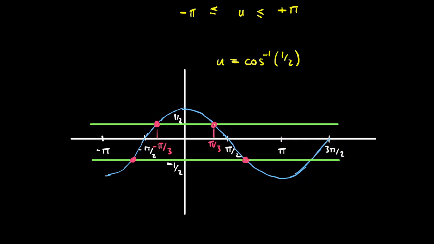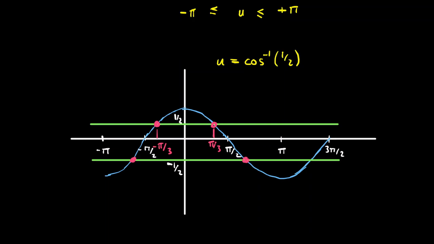Okay, then what happens if we're looking for solutions with the intersection with minus a half? So we're trying to find these points here and here. Well, again, we could probably do the cos inverse of minus a half. But hopefully you just recognize a bit of symmetry again. If this distance here is pi by 3, then the distance from here to here must also be pi by 3.